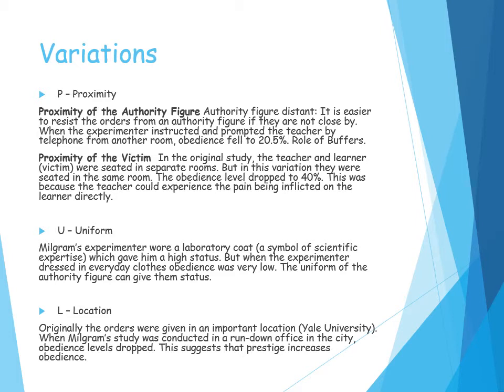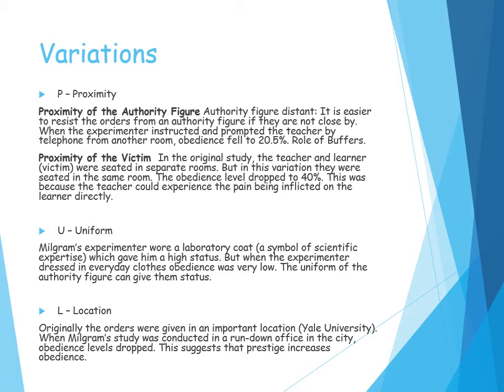In the original study, the teacher and learner were in separate rooms, but in a variation, they were seated in the same room, and again, obedience decreased. It was because the teacher could experience the pain that was being inflicted on the learner directly. Uniform. So in Milgram's original study, the experimenter wore a lab coat, a symbol of scientific expertise and authority.